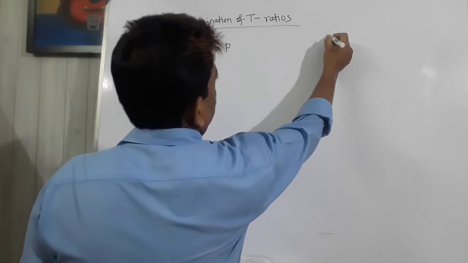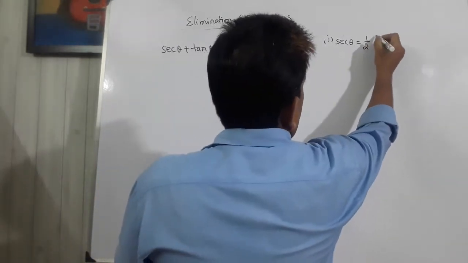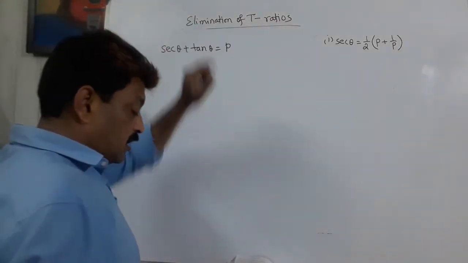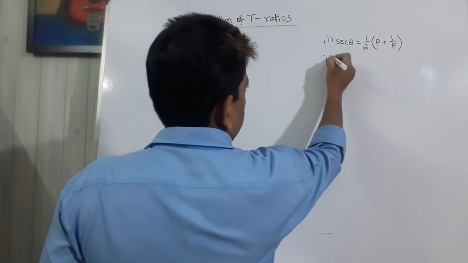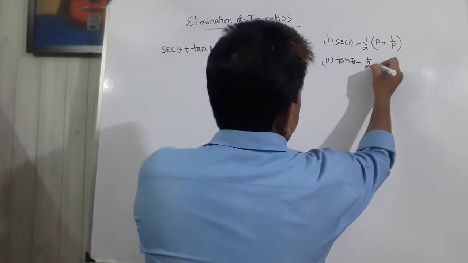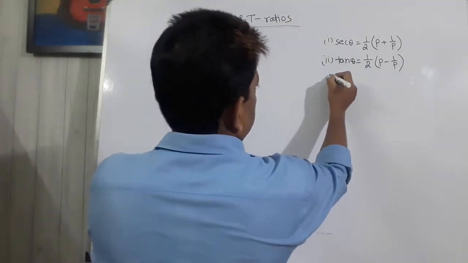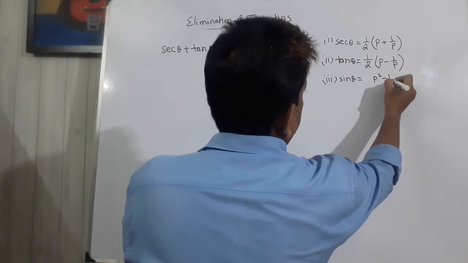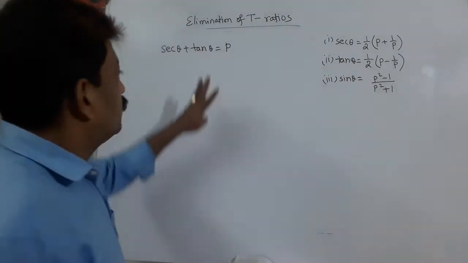The first proof is sec theta equals 1 by 2 multiplied by P plus 1 upon P. We have to show that sec theta is 1 by 2 multiplied with P plus 1 upon P. The second question is tan theta equals 1 upon 2 multiplied with P minus 1 upon P. And the last one is sin theta equals P square minus 1 divided by P square plus 1. So all these 3 questions we have to prove using this.